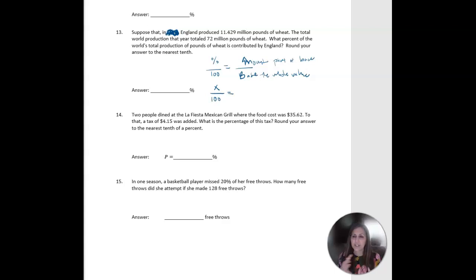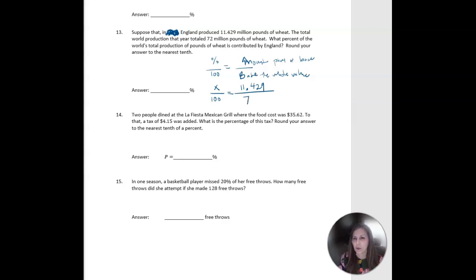We have to decide which number goes on the top and which number goes on the bottom. 11.429 is part of the wheat. It is the amount produced in England, only in England. So that number is going to go on the top. 11.429 is on the top, and the base is our whole wheat production.